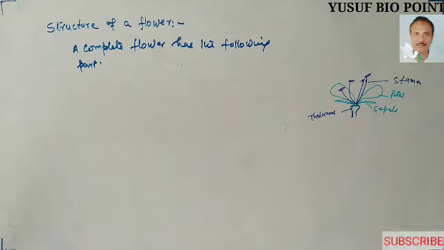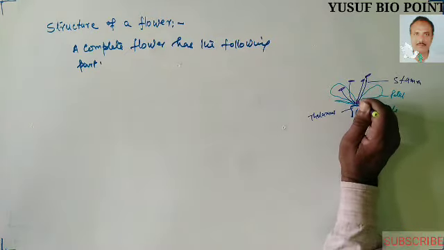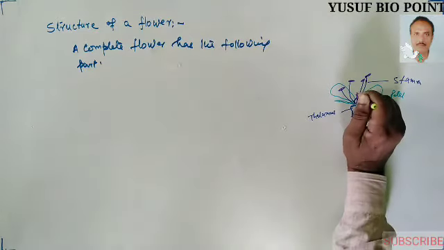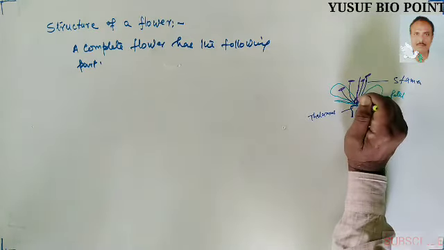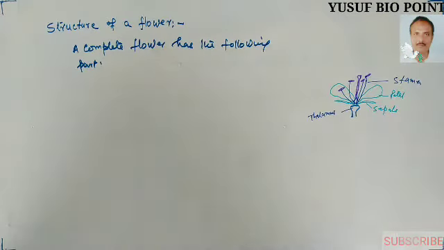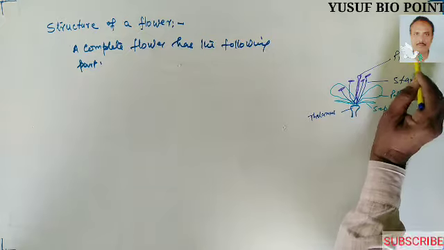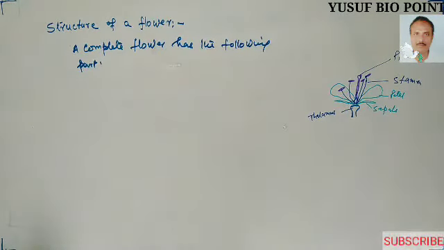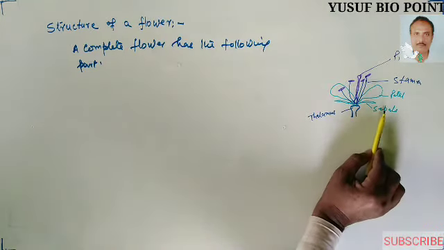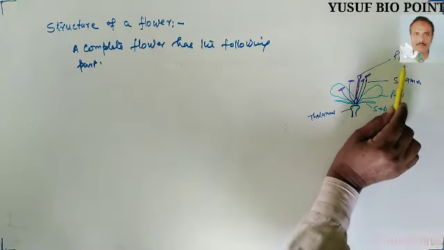And in the middle is the pistil. It is a complete flower. This contains these four parts, that is sepals, petals, stamens and pistil. This is the male unit and this is the female unit.